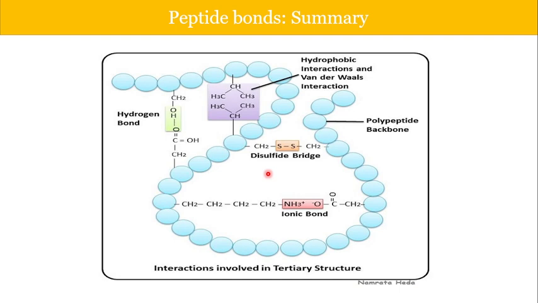Also, we have seen disulfide bridges, or disulfide bonds, which can be formed between two cysteines if they are in close proximity. This is also an important bond. And we have also seen hydrophobic interactions, and we know that van der Waals interactions are weak interactions which also take part in protein structure determination.